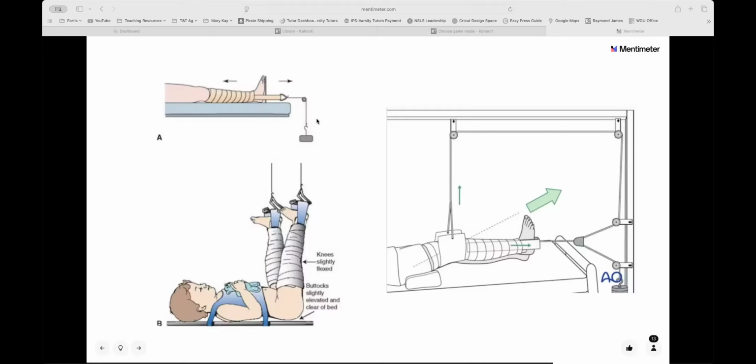Yep, we're using the right weights. They're not touching the ground. The weights aren't on the ground, they're freely hanging. What else? What would completely defeat the purpose of traction if our patient was where in bed?